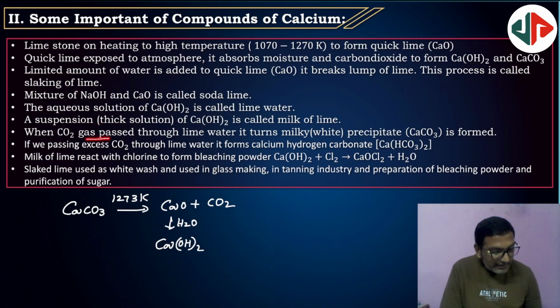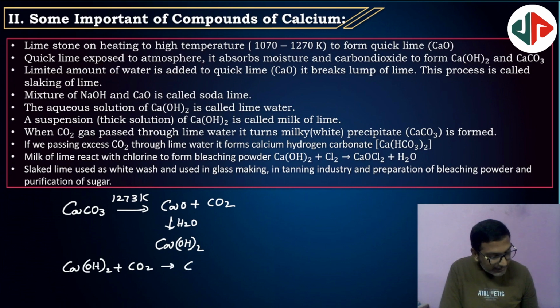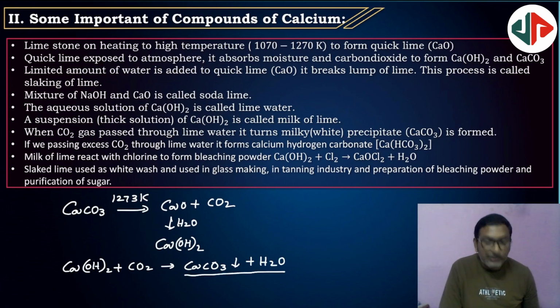Next, when CO2 gas is passed through lime water, it turns milky due to formation of CaCO3. So lime water, CO2 is passed. It gives CaCO3 precipitate plus H2O. If excess of CO2 is passed through this solution, it gives Ca(HCO3)2, calcium bicarbonate.